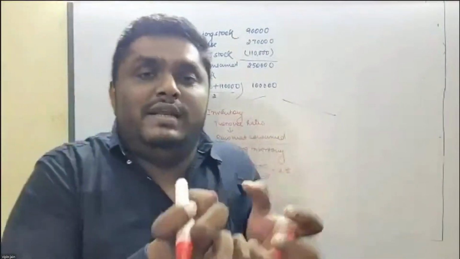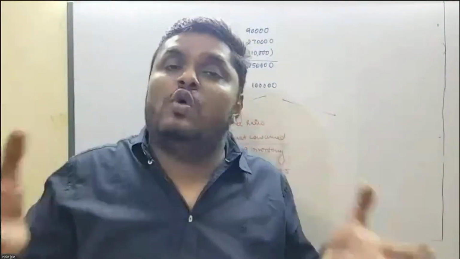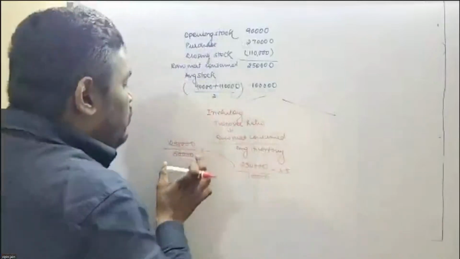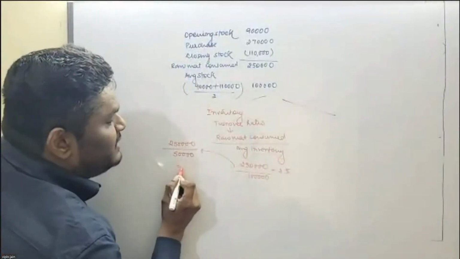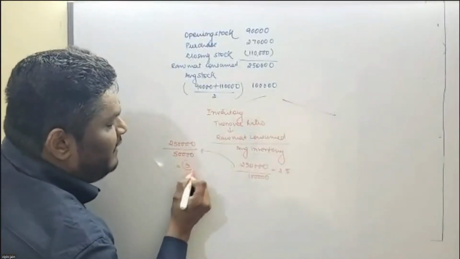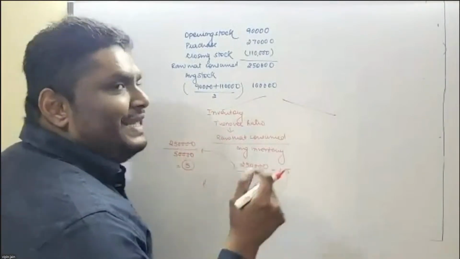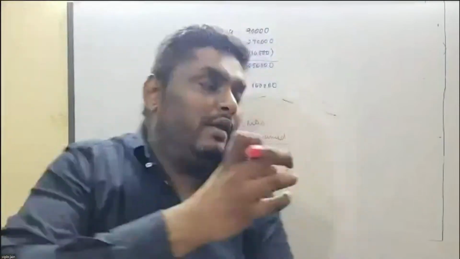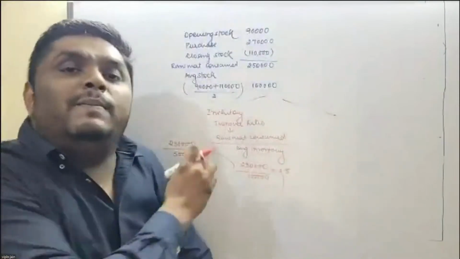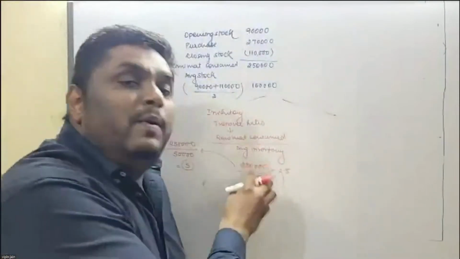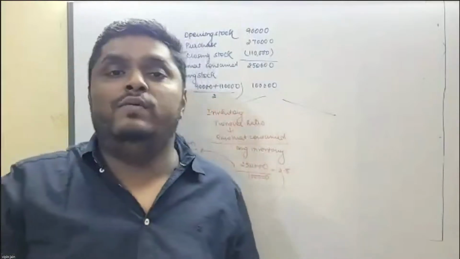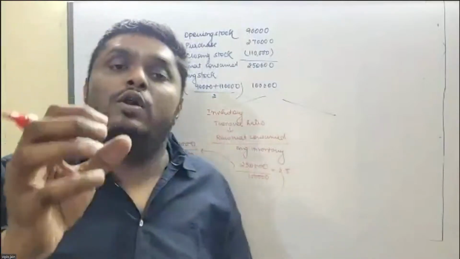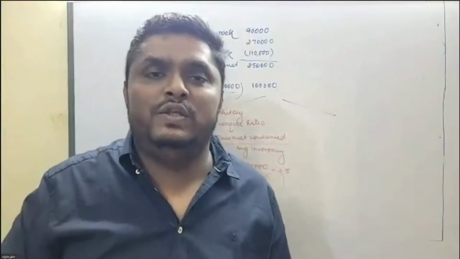Instead of maintaining a huge stock of 1 lakh, let's say we are maintaining only 50,000 stock. It means my inventory turnover will be 5. So you can easily figure out that the inventory turnover ratio is high. It means a lesser number of funds are blocked, because herein the funds are blocked for 1 lakh on average inventory, and herein only 50,000 on average inventory.